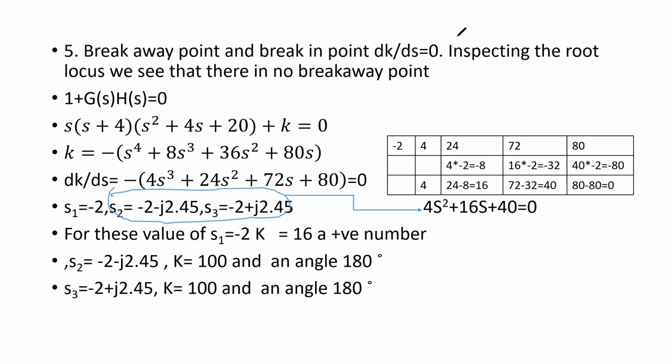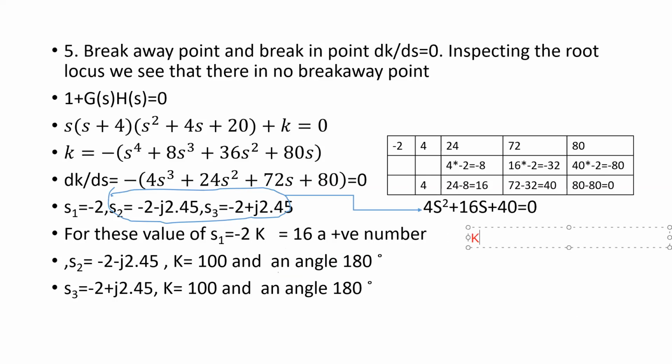Then, if it is a point on the root locus, it should also satisfy the angle criteria. Substituting it, I found out that it satisfies the angle criteria. How do you find out the angle criteria? See, what was the equation that we had? We'll just write here.